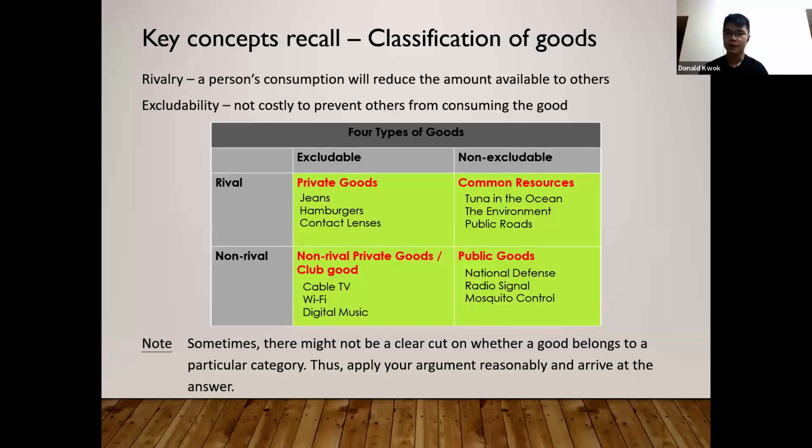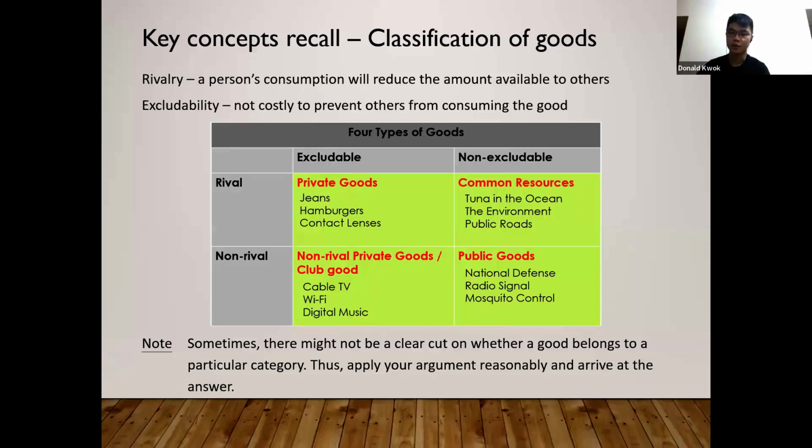While some others who argue that public road is a common resource may think that the public road is rival and non-excludable in consumption. Why is it rival? Because if we're considering public road during peak hours, then there will be a lot of cars inside the public road and it's very congested. So you may not be able to enter the public road during peak hours.